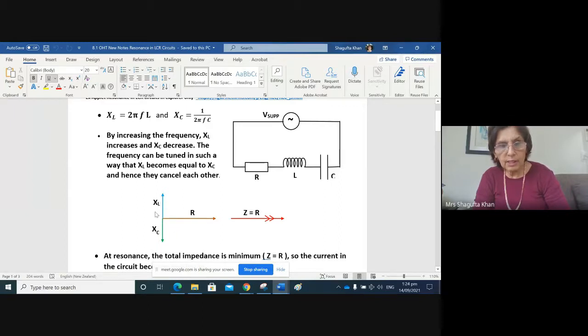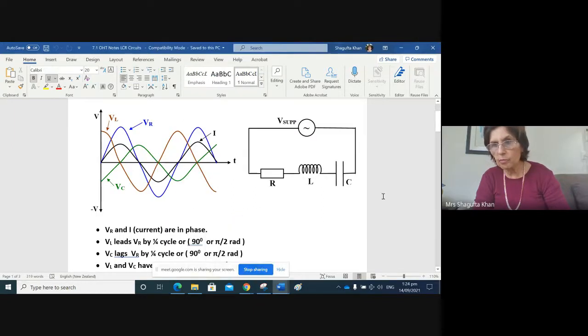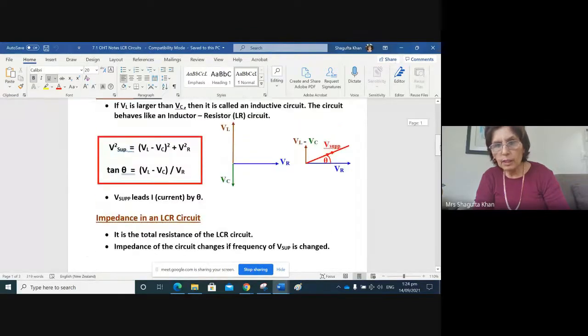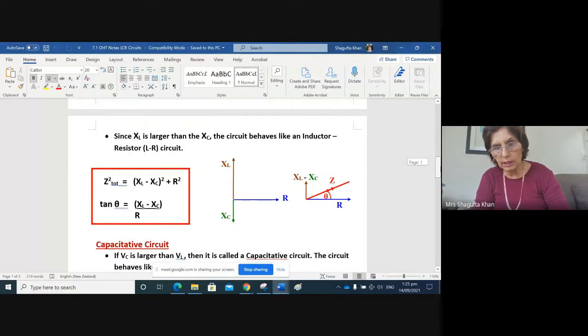And when they cancel each other, the total impedance in the circuit will be equal to R. And that is the minimum, because if you look over here in the previous one, that is the total impedance of XL, XC, and R together, and it's always more than R. So that was an inductive circuit.